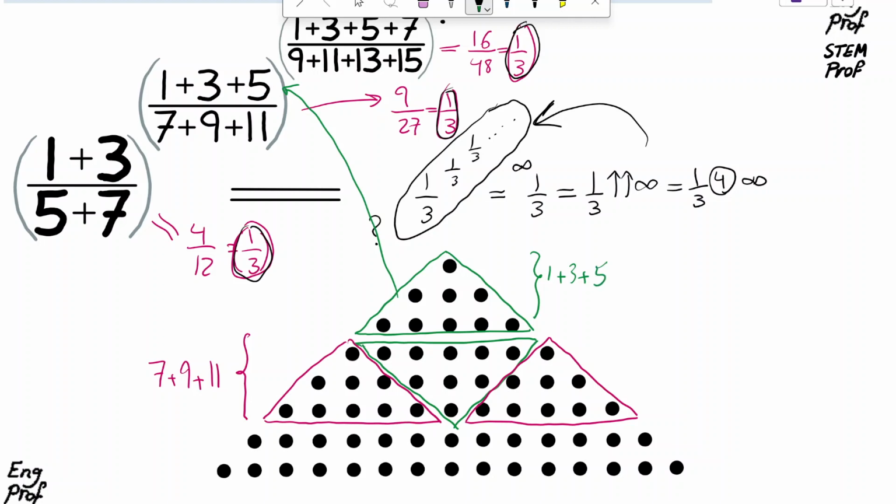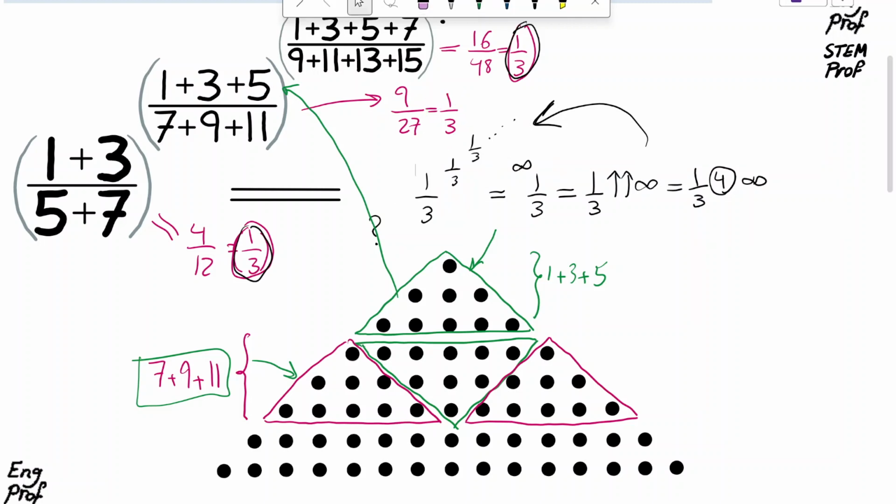So we can see that the 7 plus 9 plus 11 effectively is 3 times, or 3 repetitions, of the same triangle that we have here. So that shows, with this progress that we have, if you even go further, so this is sort of visualizing why we are getting 1 over 3 for this interesting formation.